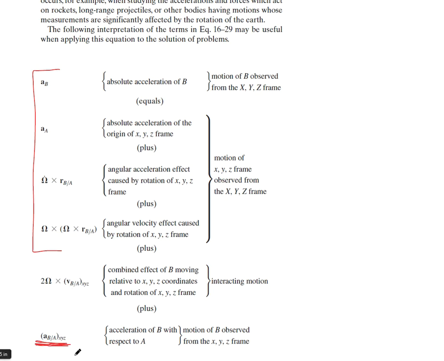We still have the Coriolis term, like a constantly flying missile or constantly flowing water in a river. But if it's also accelerating, then we have this relative acceleration term, and then the Coriolis term is just, if we have velocity and we have rotation, we have Coriolis acceleration.